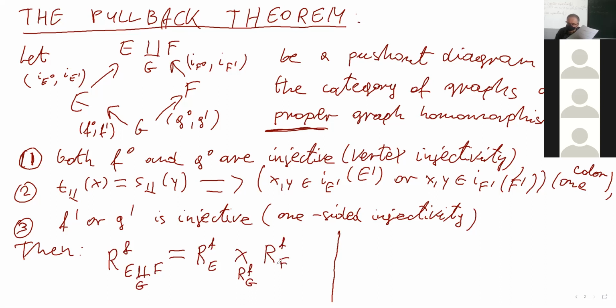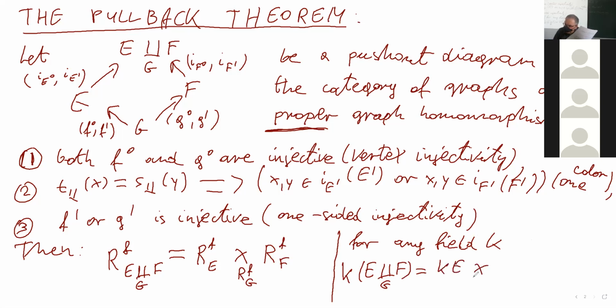So this is on the semiring side, and on the path algebra side, of course, for any field K, I have that the path algebra of a push-out graph is the fiber product of path algebras. So KE fibered over KG with KF.